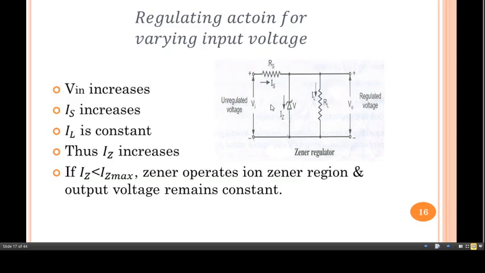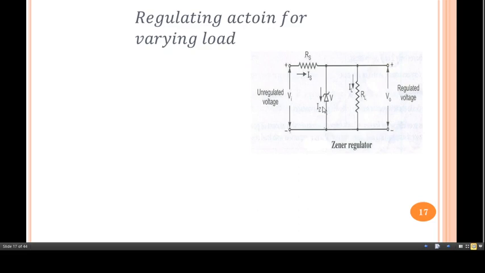In our previous case, when our voltage Vin is varying, the load is constant. Similarly, in this second case, when our load is varying, we consider the input voltage as constant.